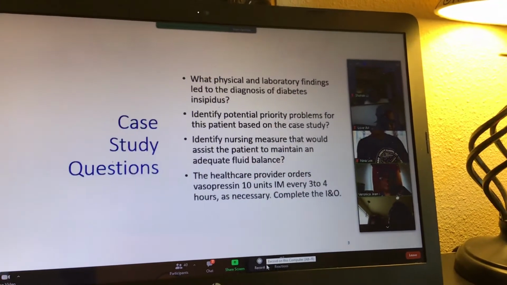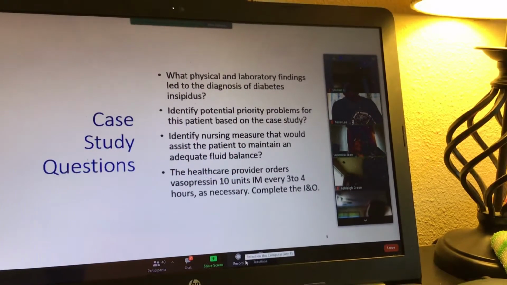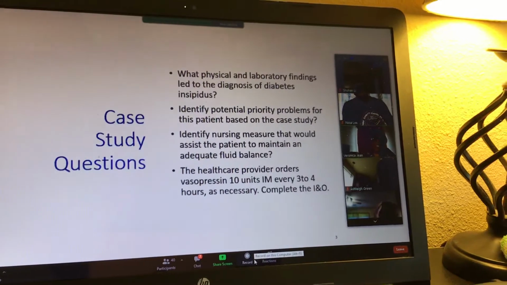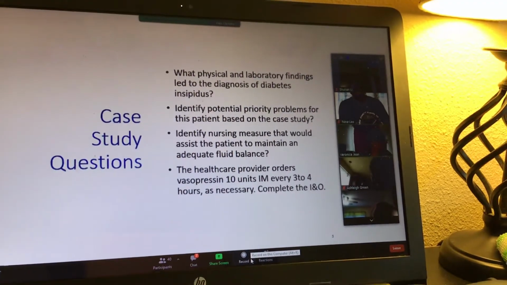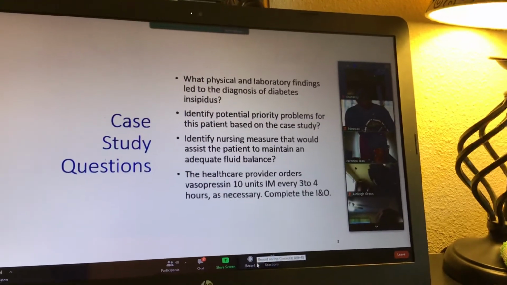All right. Let's see. Identify the nurse's measure that would assist the patient to maintain adequate fluid balance. Does anybody know that answer?